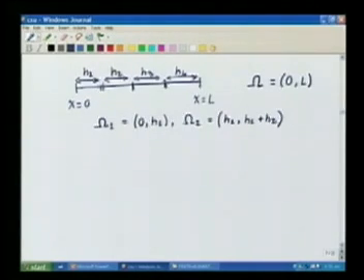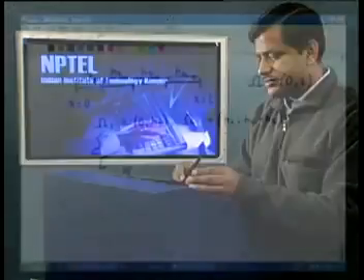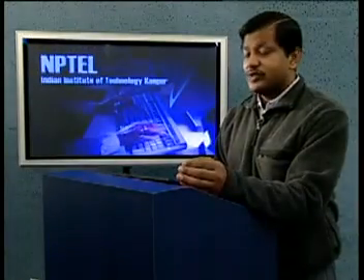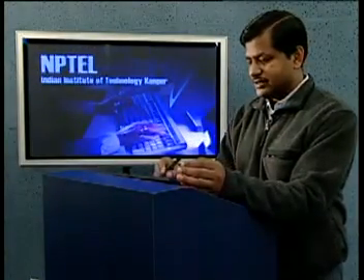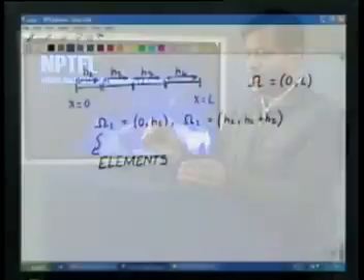The smaller subdomains are given a name in the finite element analysis. These are called elements. So in this case, we have these 4 smaller subdomains which together form the full domain. So we have 4 elements in this case. So the 4 elements are omega 1, omega 2, omega 3 and omega 4.